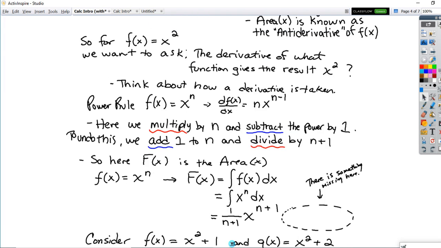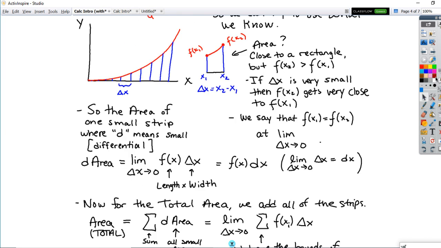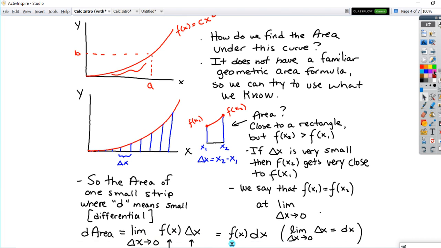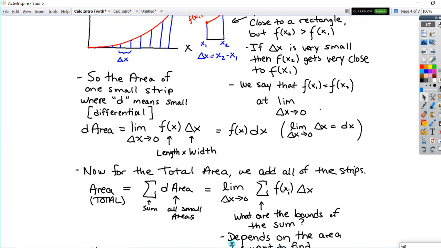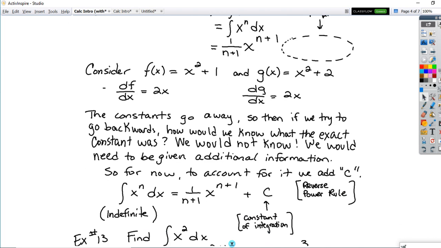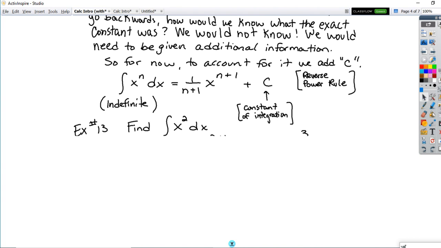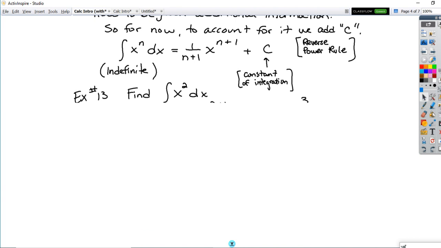So we originally asked the question, what is the area under this parabola? We're finally ready to answer that question. We want to find the integral of x squared dx.